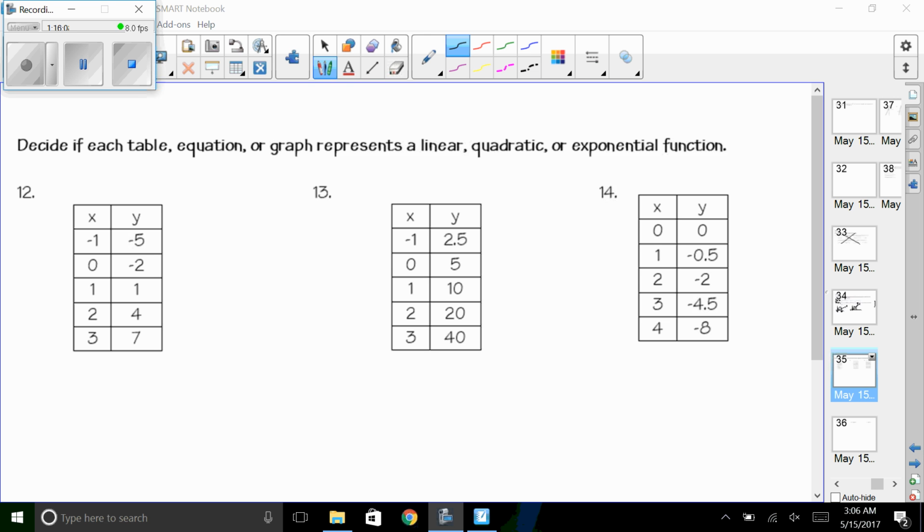Alright, so this first one, looks like we're adding 3 each time. So that would be linear.